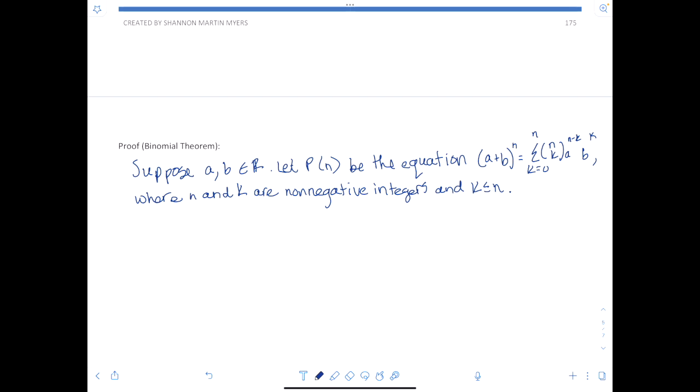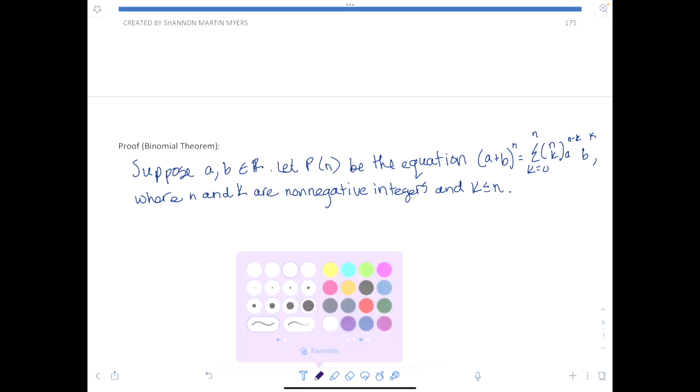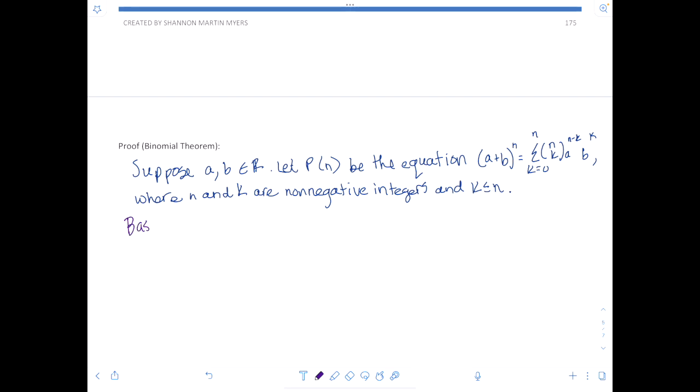So our basis step. Since we're starting at 0, we've got to make sure that P at 0 is true, right?